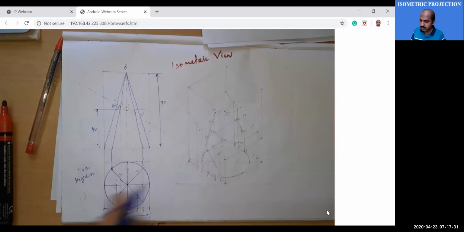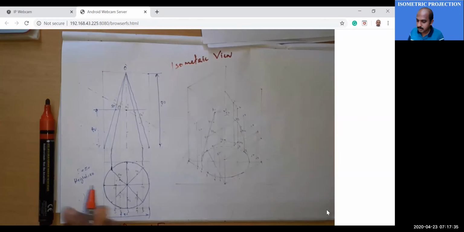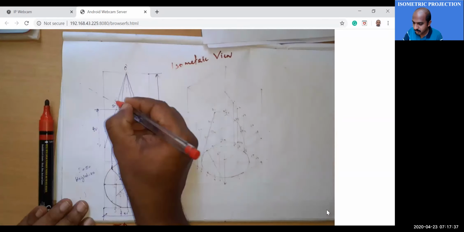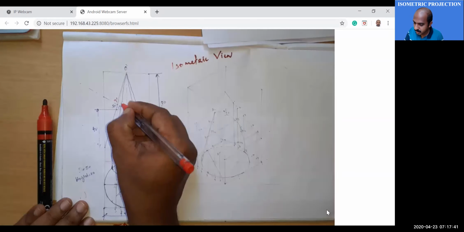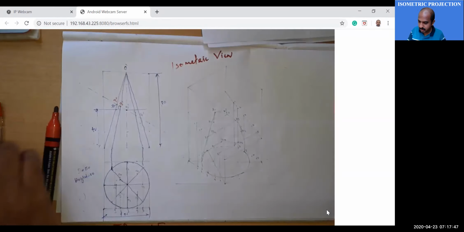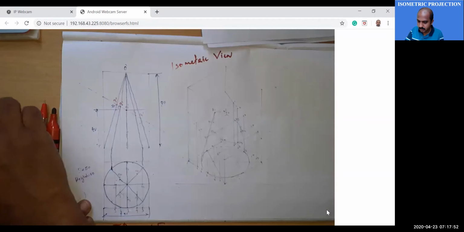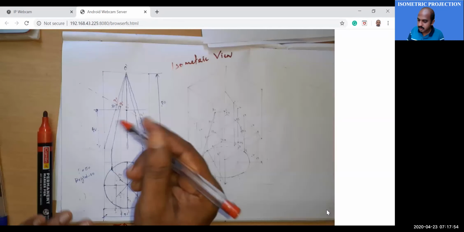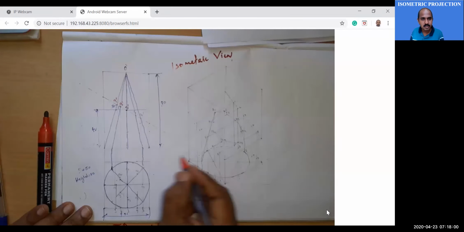Once you draw the cutting plane, you can mark the cutting points. These are the cutting points: A1 dash, this is your second, A2 dash, and in the front also you can line. Here is also another cutting line. So in total, how many cutting points do we have? 8 cutting points, because you divide the circle into 8 equal parts.